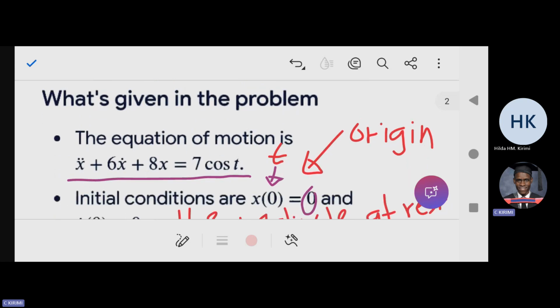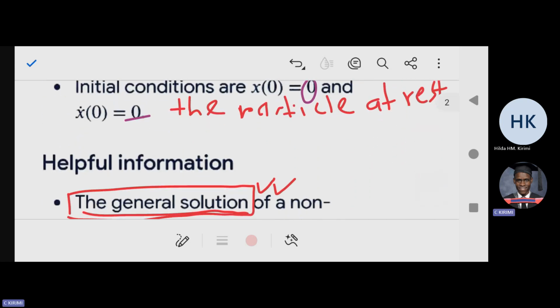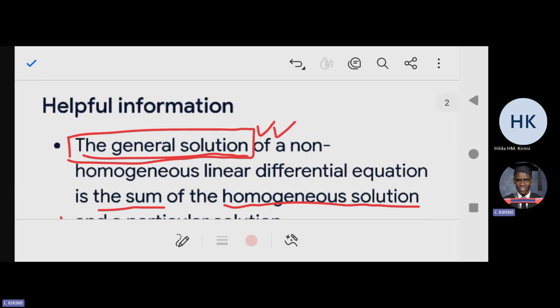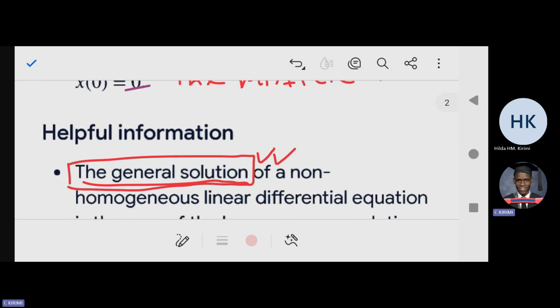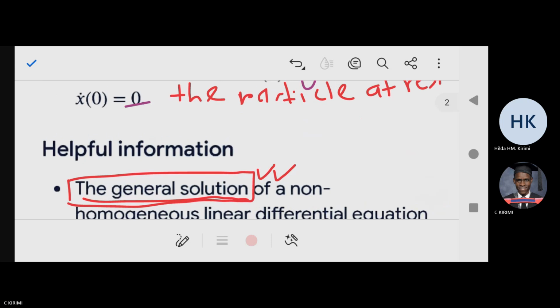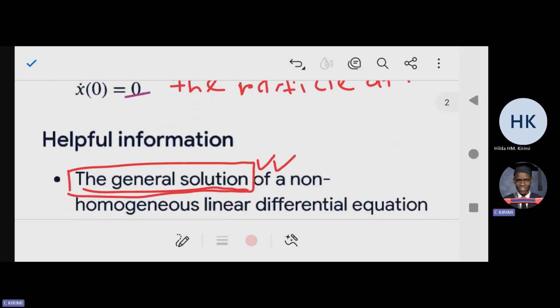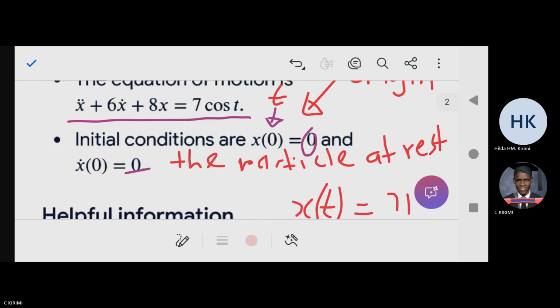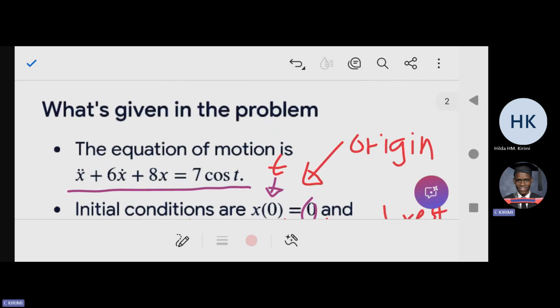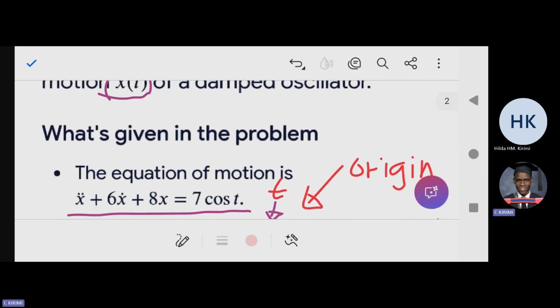But in our case, it's a differential equation. So it will be a general solution x of t that, when you substitute it, satisfies the equation.